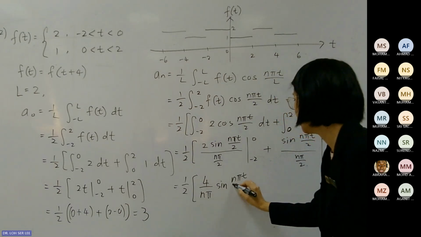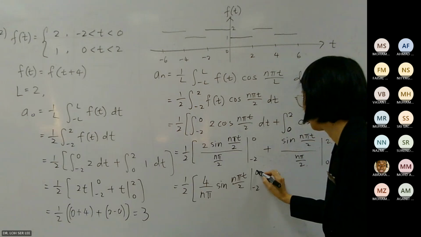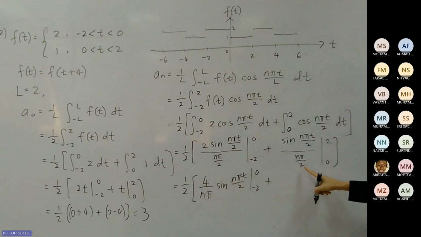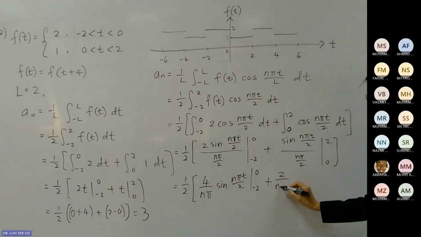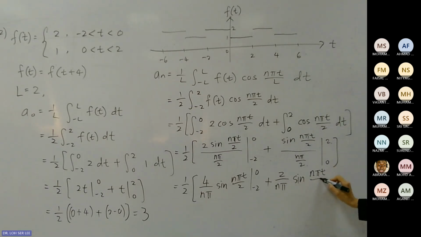Sine n pi t over 2. Then goes to this one. This 2, we bring it up. Yeah, 2 over n pi. Sine n pi t over 2.